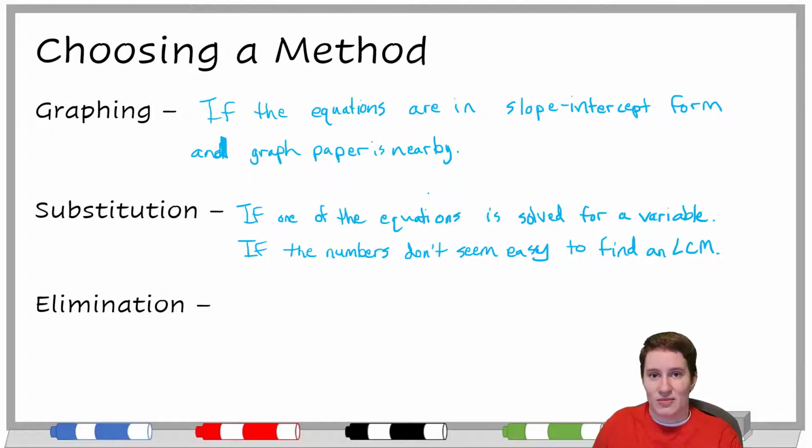So elimination is my favorite personally, which means that when I'm choosing a method, I'm going to have to basically convince myself that elimination is not the best one to use. So elimination is kind of, for me, the catch-all. And I'd say it's the easiest one to use if you can figure out an LCM, a least common multiple, so that you can eliminate.